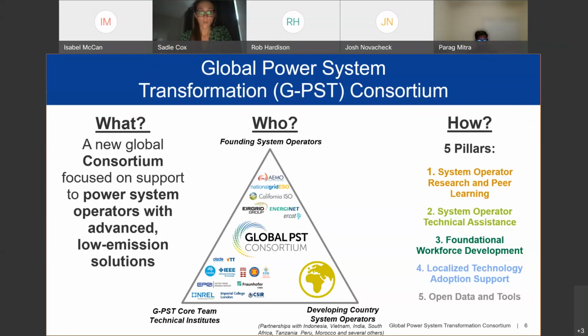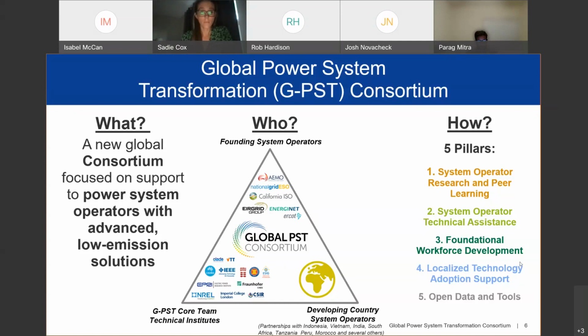In addition, we're also working with a group of core team institutions, which includes the ASEAN Center for Energy, and you'll be hearing from Benny in just a moment, CSIRO in Australia, the Electric Power Research Institute, IEEE, and several others on both the research piece that I just mentioned, as well as on our support to emerging economy and developing country system operators on adapting technical solutions to really transform their power systems in various ways.